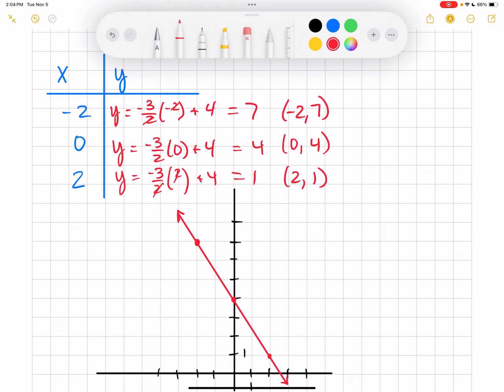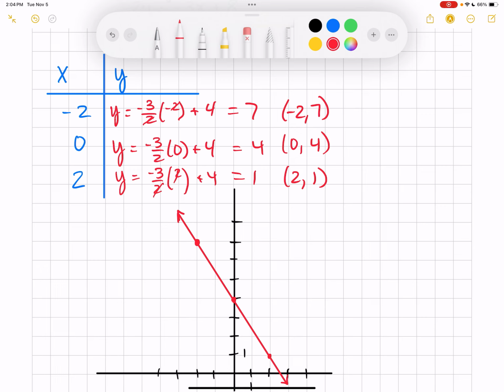Should be a +7. And this one's not right, the middle one. Oh, you plugged in.